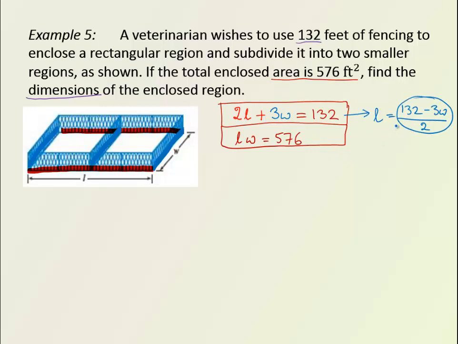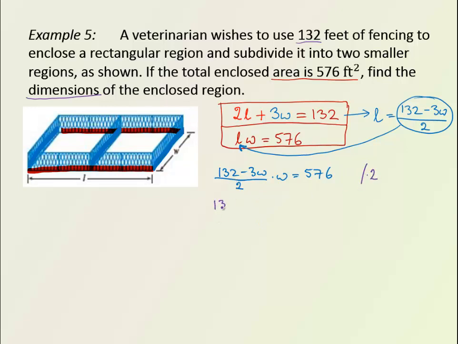Then we're going to plug it into the second equation instead of L. So let's put this together: 132 minus 3W over 2 times W equals 576. Now we can notice that this indeed will be a quadratic equation because W's are multiplied by itself. How to simplify it? Well, I would suggest to multiply by 2 to get rid of this denominator.